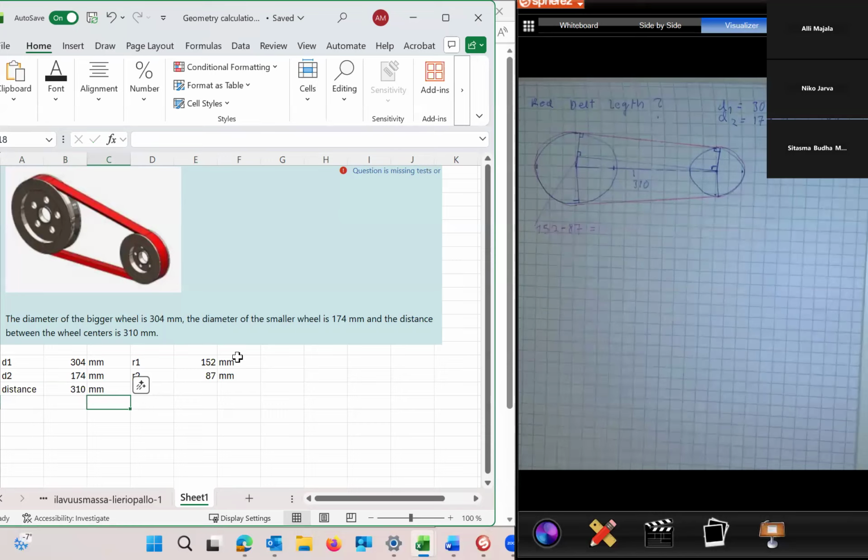Then I start with the... how do I mark that? Well, I just mark it with R1, R2, sorry, because it's R1 minus R2.